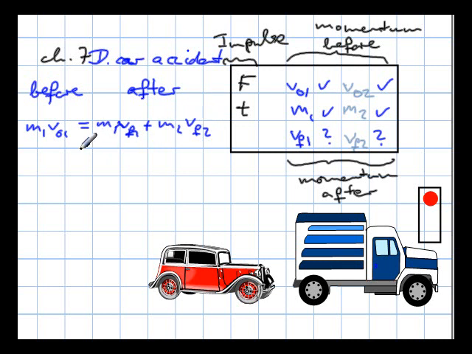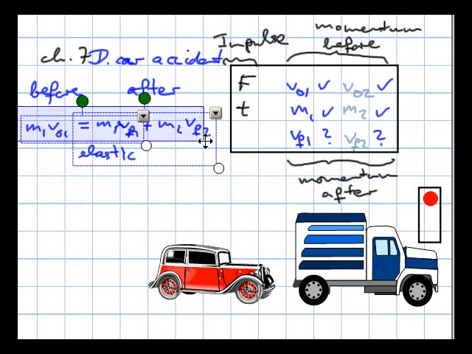But then they say it's an elastic collision, and since it's elastic, kinetic energy is conserved as well. So 1/2 m1 v01 squared. You know what, I'm going to make this easy on myself.